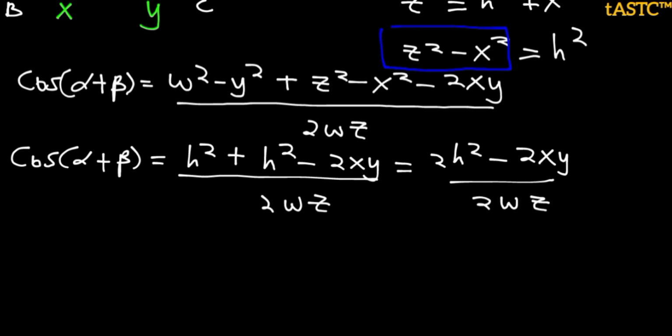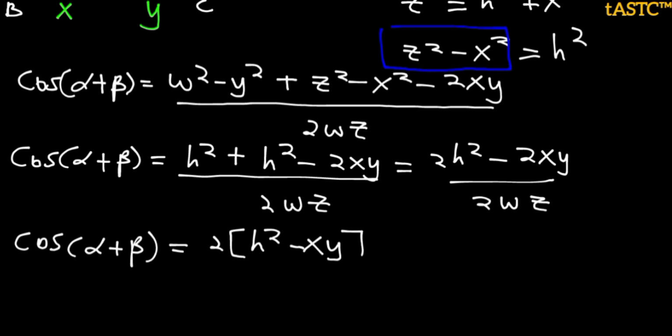Now, we know that we could factor 2 out of the numerator part of that fraction. So we're going to have a 2 into h squared minus xy. This is all divided by 2wz. Now this stuff is going to cancel. This would cancel these out.